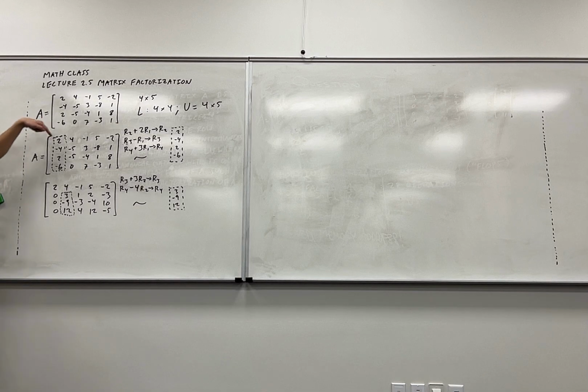Oh, so you were wondering why I was computing it in stacks of columns instead of across? Not just that, but I thought that when I do R2 plus 2R1, I'm going to do that to 2, 4, -1, and change the entire row, not just the -4. I see the question.